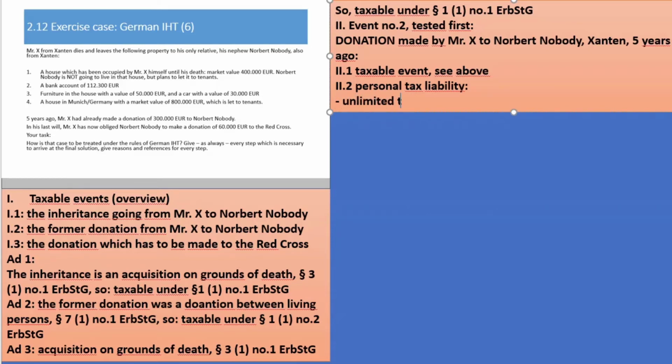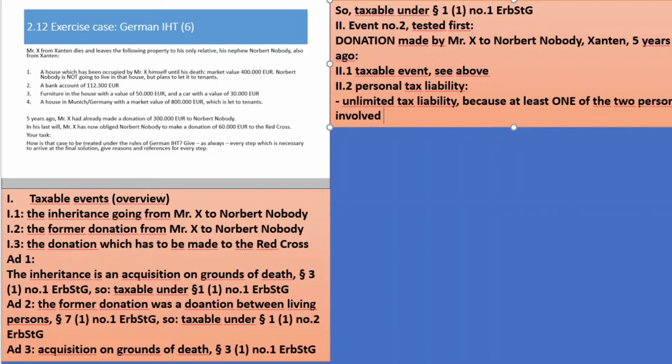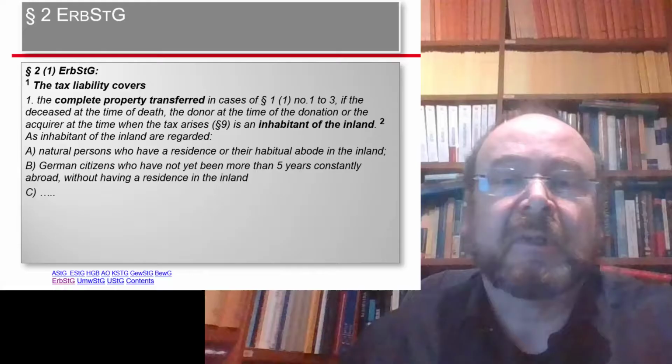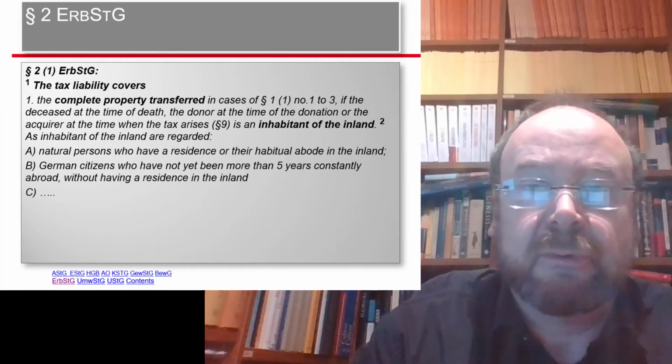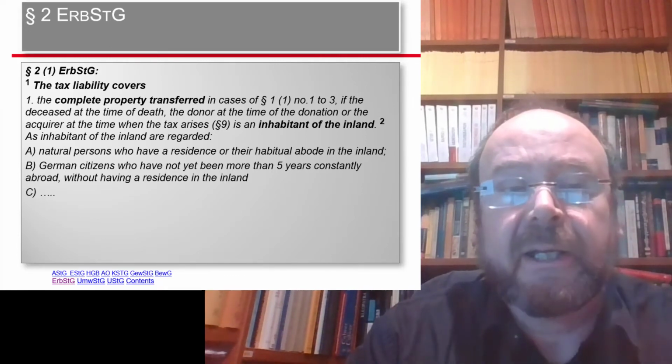So unlimited tax liability because at least one of the two persons involved lives in the inland. That seems to be clear, and I believe that was paragraph 2, and for all the rest, and to be sure, we should look that up. And indeed, we can see paragraph 2, section 1.